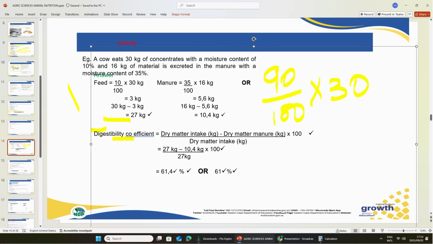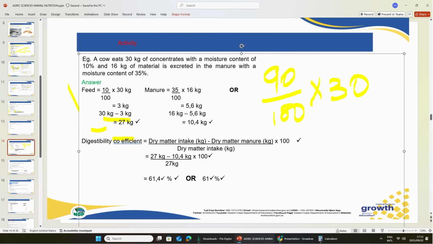And remember, we said we're working with dry matter, and the calculation is presented as a percentage. So there is an implication. We have to interpret the calculation. Let us look at the difference now.